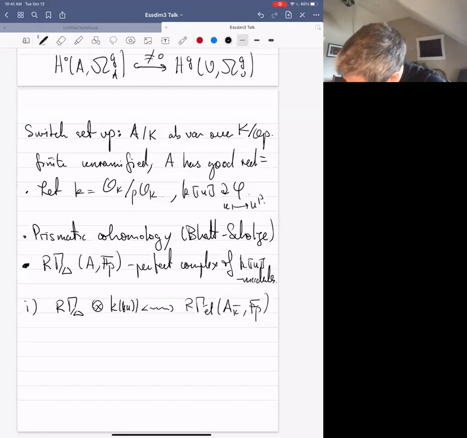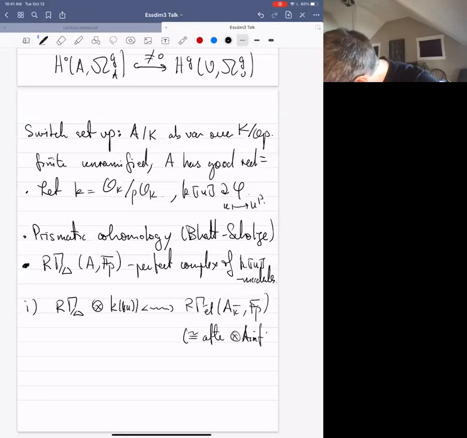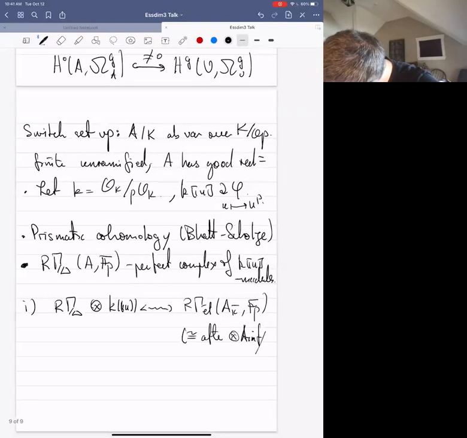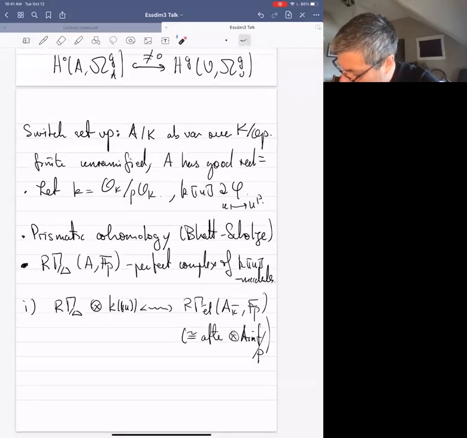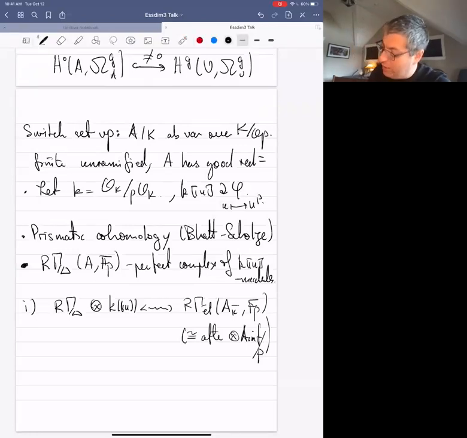So after tensoring by A_inf, could just say, yeah, mod p. It doesn't really matter. I'll tell you what you need from this, but for our purpose, you can think that they're essentially equal. It's not equal, it's only after tensoring by some ring, but that doesn't really matter for us.